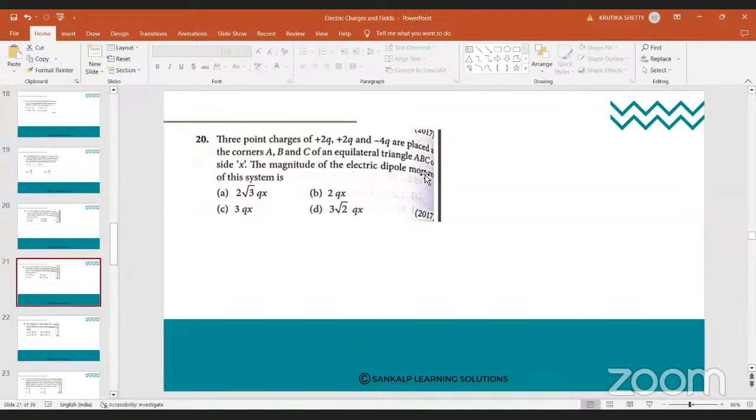The magnitude of the electric dipole moment of the system is, yes, so we need to calculate the magnitude of the electric dipole moment of the system. So here we have the formula. For the equilateral triangle A, B, C, we have the charges plus 2q, here plus 2q and here minus 4q. They are separated by the distance of x, x and x.